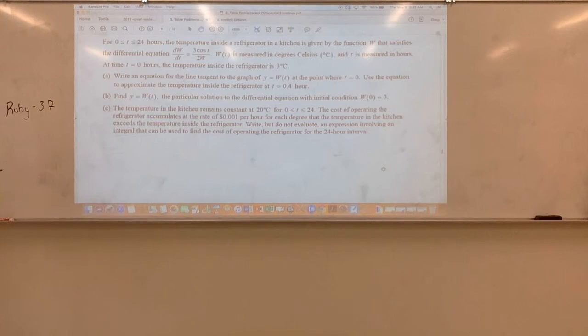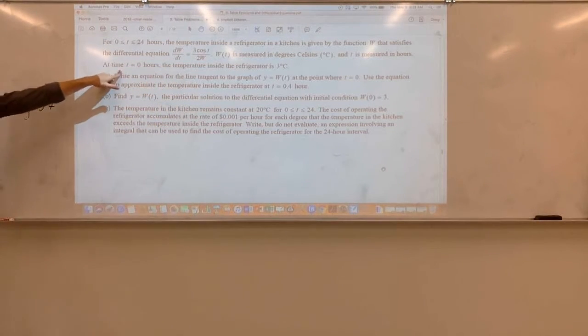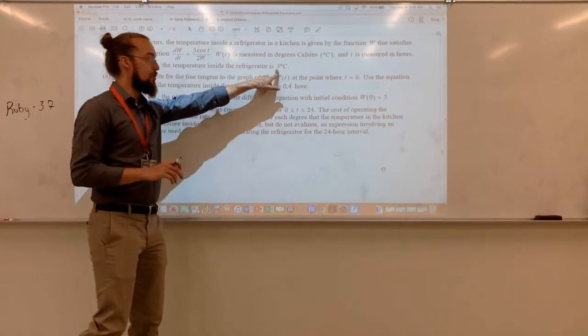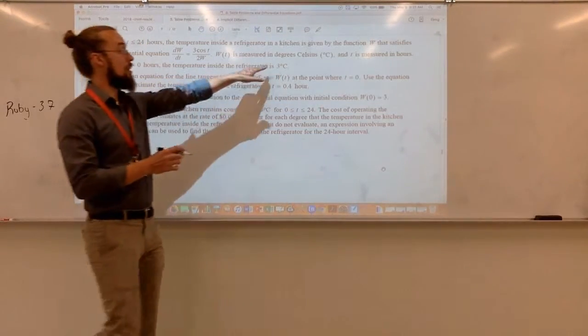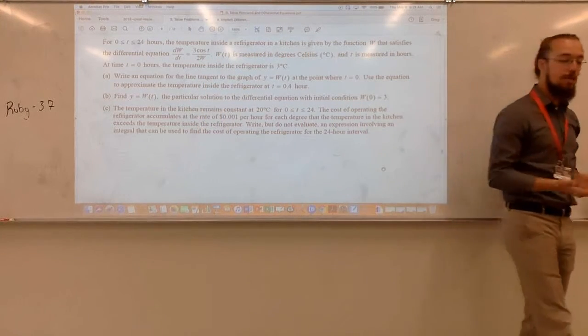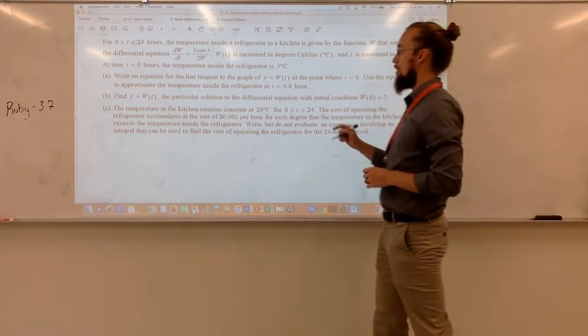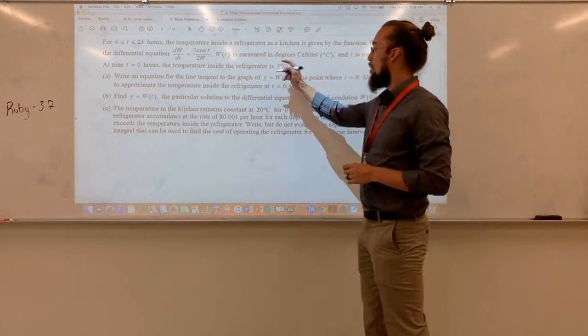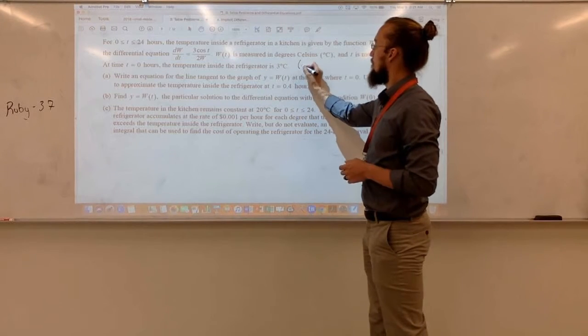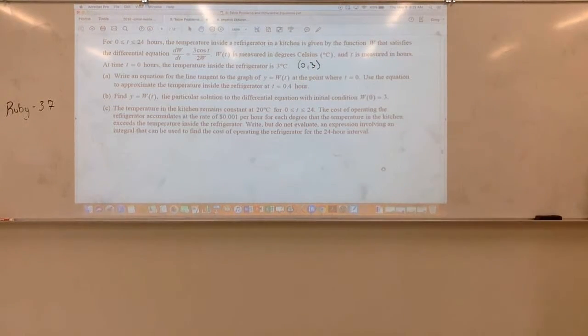But here, this differential equation is dW/dt, where this models the temperature inside a fridge. At t equals 0, the temperature inside the fridge is 3 degrees. So this is an initial condition, and this is a differential equation. Even though it's not in terms of x's and y's, they could spring something like this on you. So we've got an initial condition, (0, 3), and a differential equation.